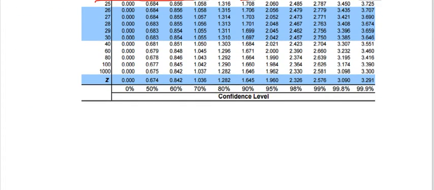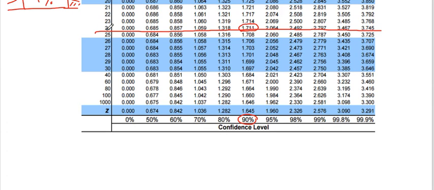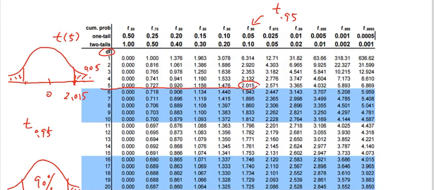Okay, and we also can check from here, the confidence level 90% and the degree of freedom. So we can go up to degree of freedom 24, and we get this number, right? So this number we can determine from the confidence level, or from the one tail percentage, or two tail percentage, or cumulative.